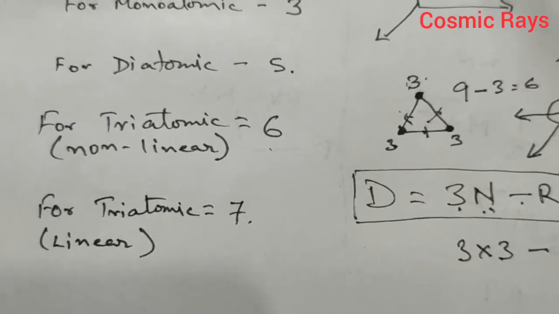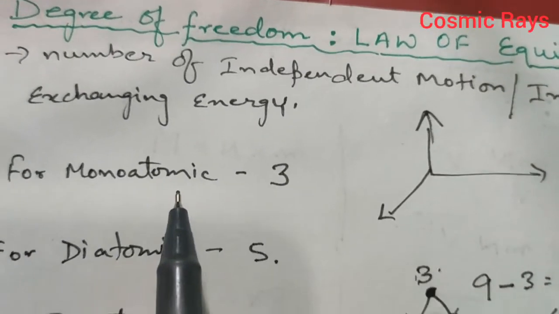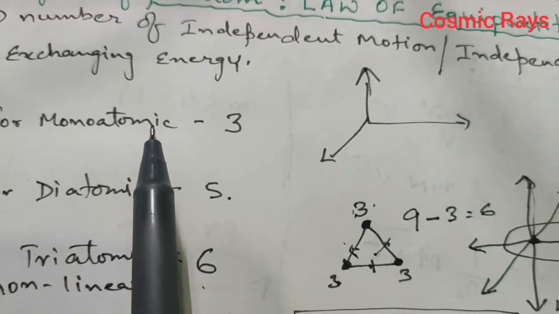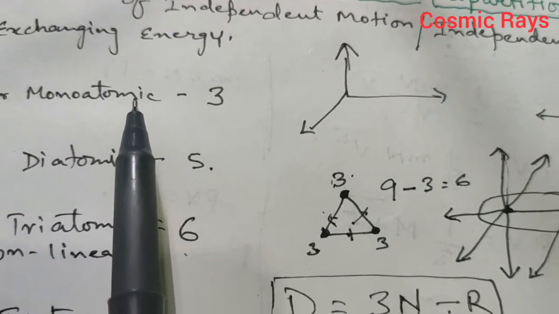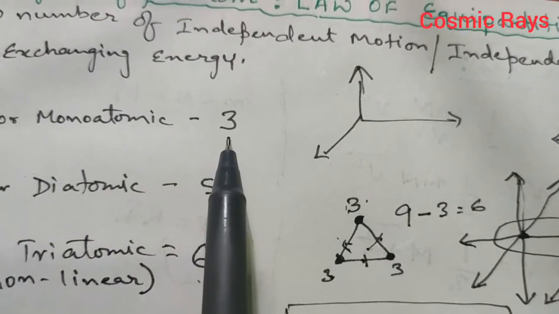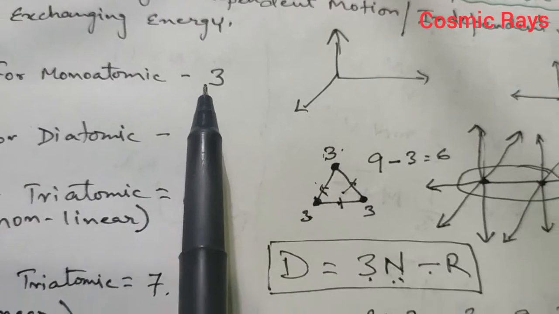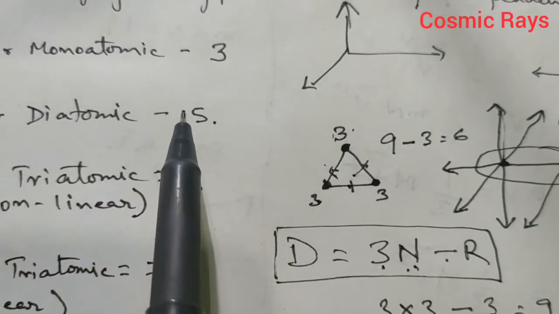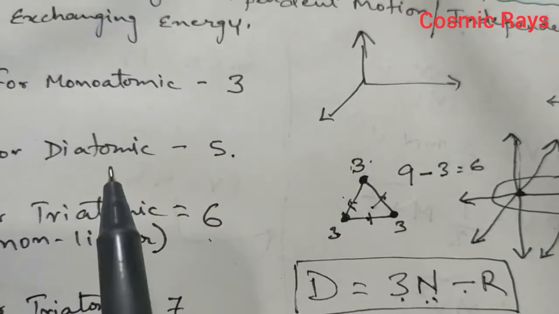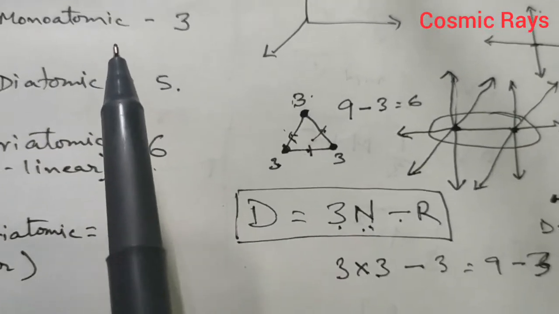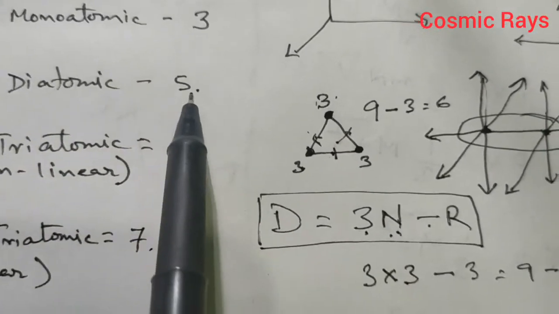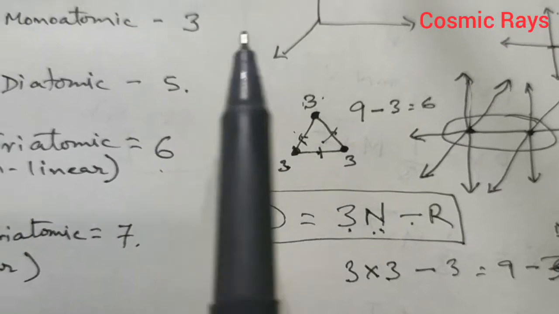Now the examples for monoatomic molecules would be helium, neon, argon. They will all have 3 degrees of freedom. Then for diatomic it would be nitrogen, oxygen, that is N2, O2, or hydrogen. They will all have 5 degrees of freedom.